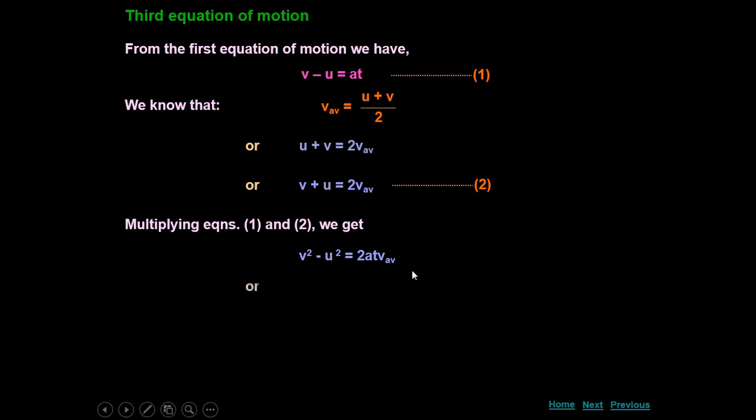So listen here, we can write this equation like that, v square minus u square is equal to 2as. Why 2as? Because instead of v average and t we can write s. As we have learned already, distance traveled is equal to average velocity into time. So we have got the third kinematical equation, that is v square minus u square is equal to 2as.